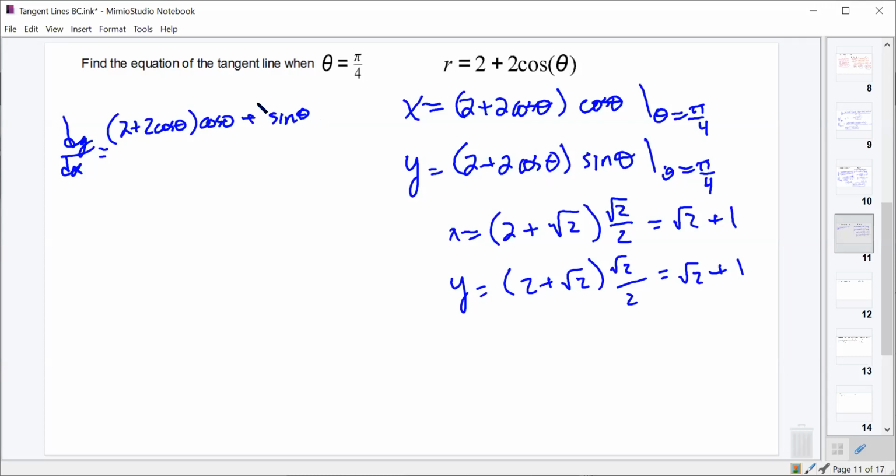So really we could just make this plus a negative 2 sine squared theta. Everybody good with that part in the numerator?